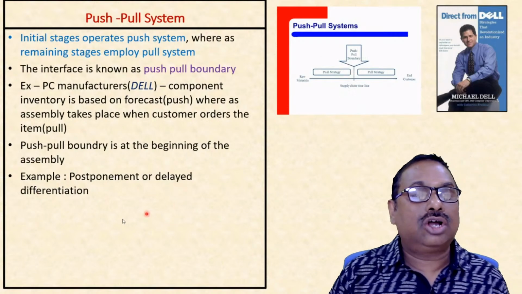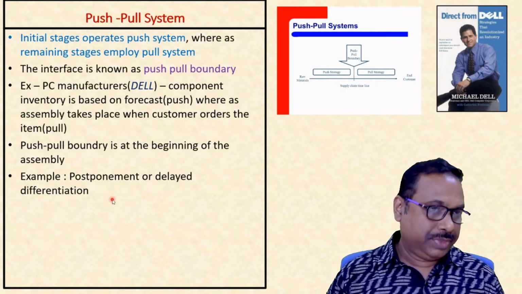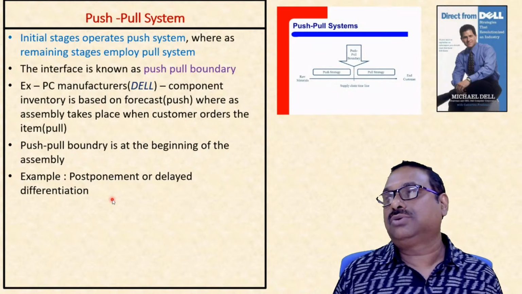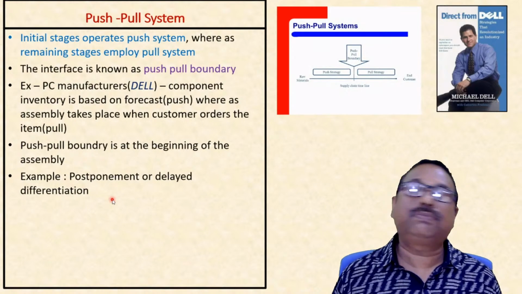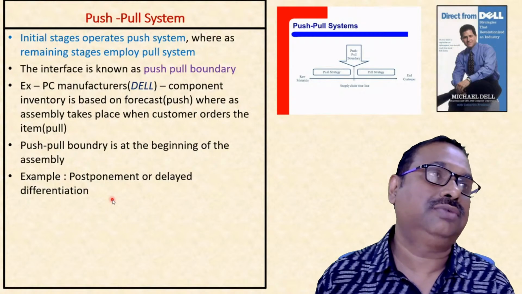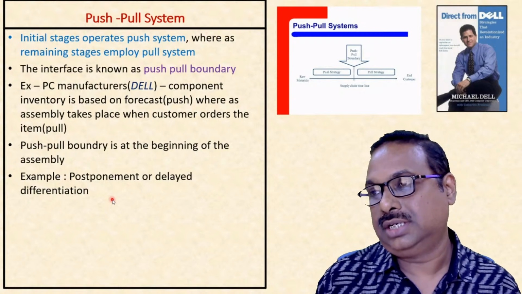Another example is postponement, or delayed differentiation. I'll give you one day-to-day example which will make it clear. Suppose a South Indian restaurant, a South Indian tiffin hotel, right?